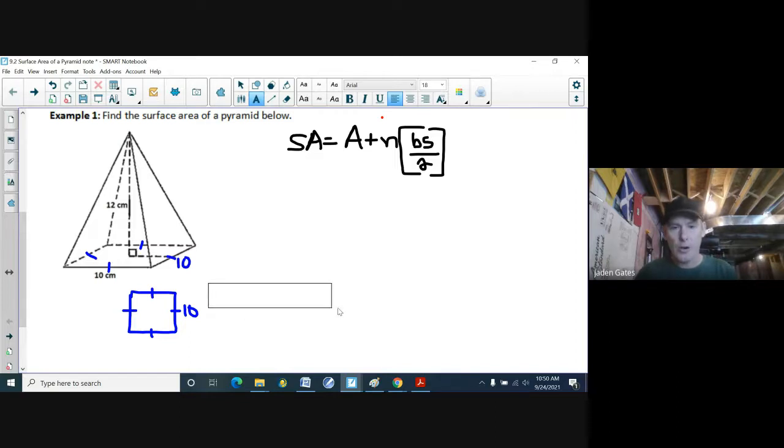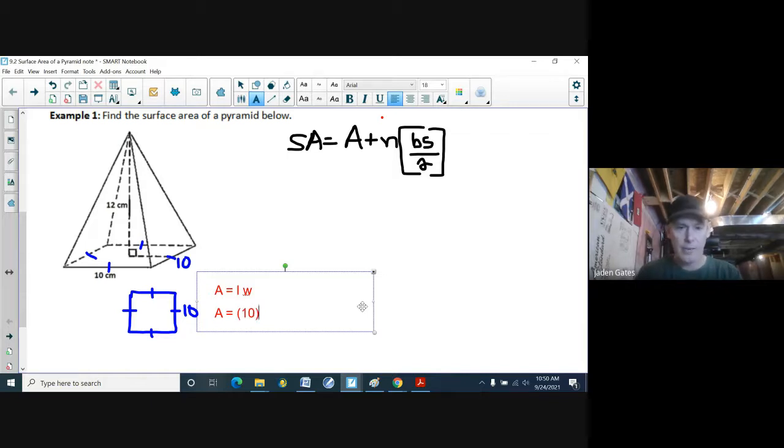The area is equal to length times width. In this case, our length is 10 and our width is 10. That's easy enough because they're the same.